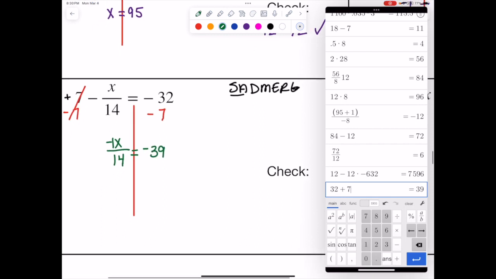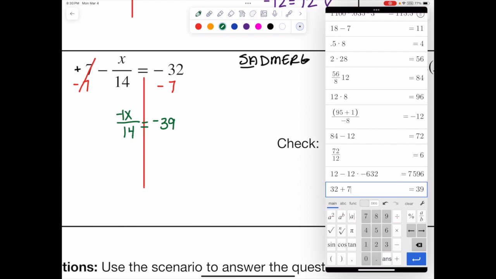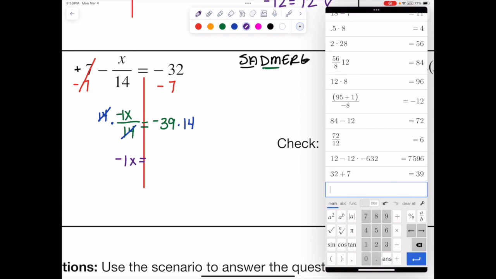All right, now we can go ahead and get rid of the divided by 14. So we're on division and multiplication, and we'll multiply both sides by 14. This cancels out, and we're left with negative 1x equals 39 times 14, but it's negative, so negative 546.